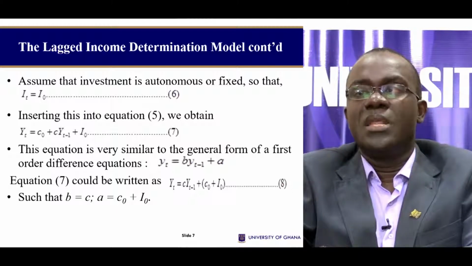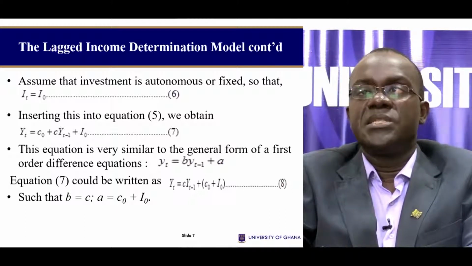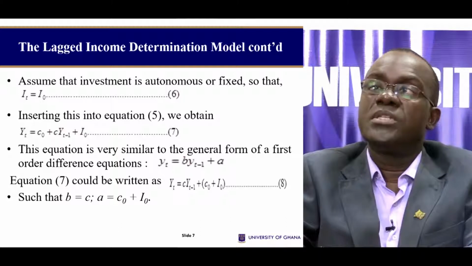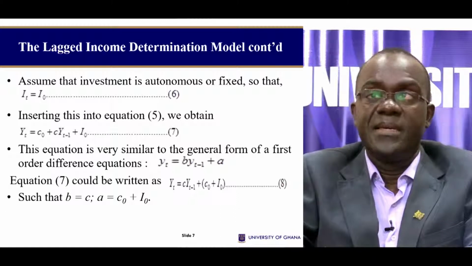As we saw last week, this is the general formula of a first-order linear difference equation. If we put it in this form, then our B is equal to C and our A is equal to C0 plus I0.